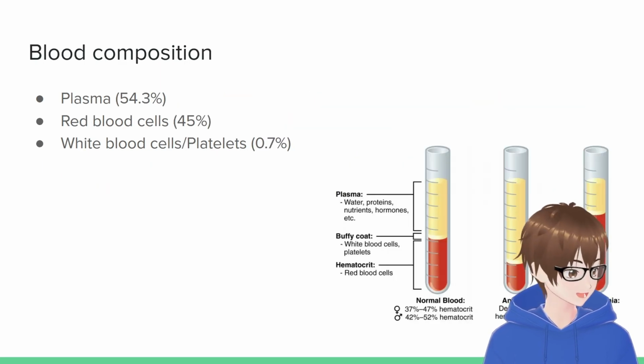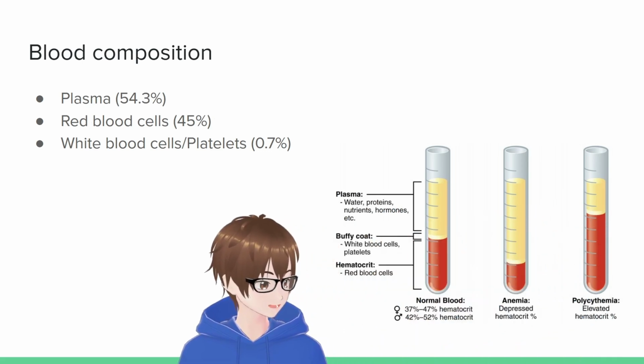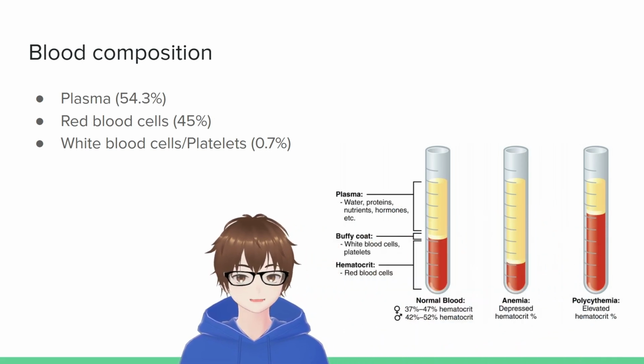So I have a picture here of kind of what it looks like. So, blood composition. I said that it's partially red blood cells, partially plasma, and also partially white blood cells and platelets. If you see here over to my side, the one on the very far left is normal blood.